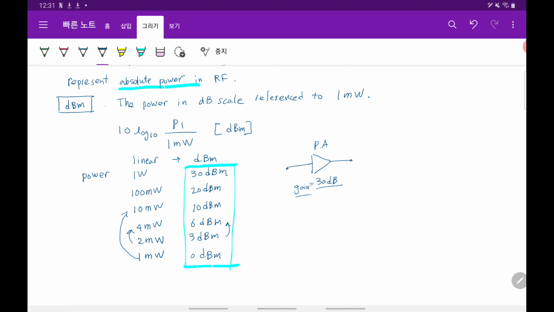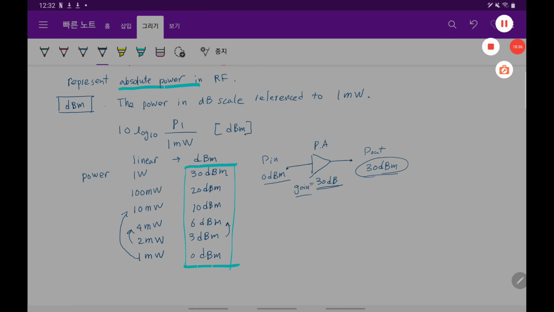And then if we have a 0 dBm input signal, then this P out will be 30 dBm, right? We just add, not a multiplication. So we use this kind of dB scale in this microwave circuit society. So we should be familiar with this.